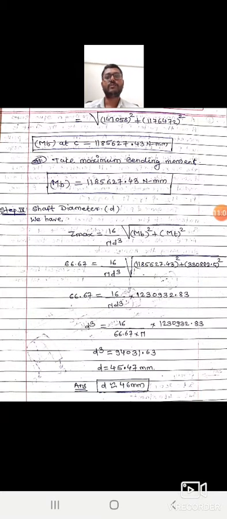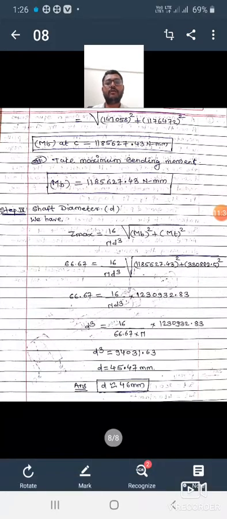We know that maximum shear stress is 66.67, that is equal to 16 upon pi d cube under root of, we just put here values of Mb and Mt, that is torsional moment and resultant bending moments. So by just evaluating the given equation, we can get diameter D as 45.47 mm, that means approximate value of diameter D equal to 46 mm.